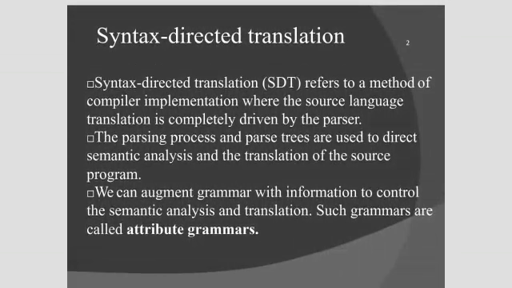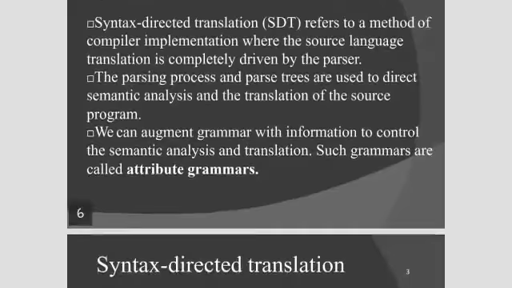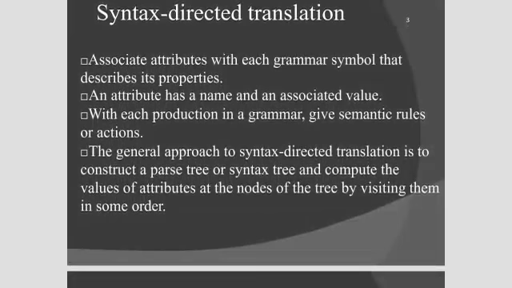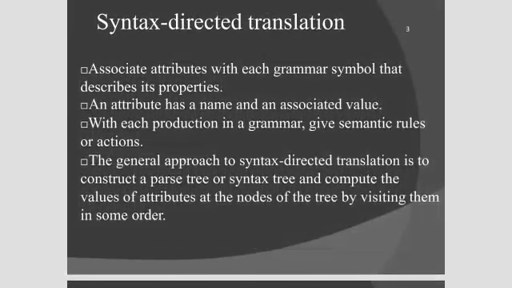and whenever we add an extra production to the basic grammar, nothing in the basic grammar is changed. This is called an augmented grammar. It is also called an attribute grammar. Syntax directed translation associates attributes with each grammar symbol that describe its properties.